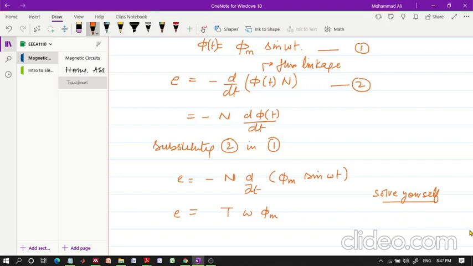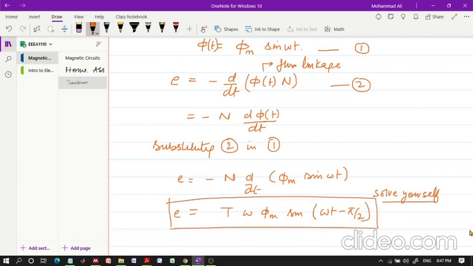Differentiating with respect to time, omega will also come outside, and sine will turn to cos, and if I use a trigonometric relationship and return back to my sine value, it will become sine of omega t minus pi by 2. So this is the equation of EMF, and let me modify it a bit in terms of time.